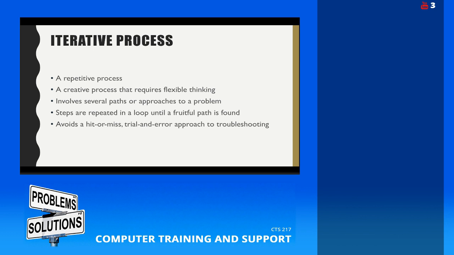We're not just taking everything we have and throwing it at a problem and hoping something works out. We might be trying different things out, but the different things that we're trying out are based on information. They're based on facts. They're based on real stuff that we've gotten from the system, from the problem, that has given us information in order to make decisions on how we should handle this troubleshooting issue.